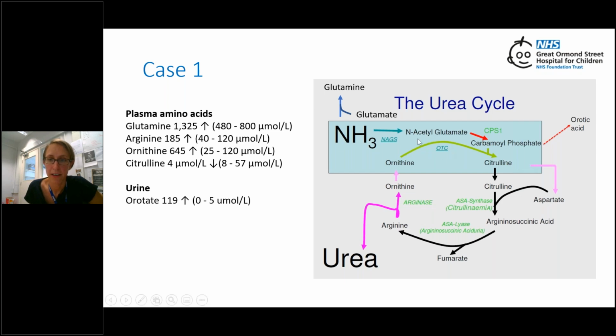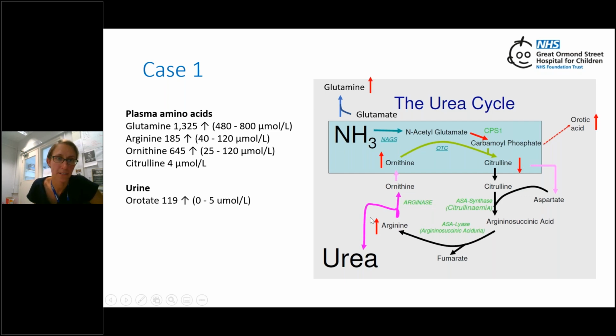And to do that, we have an enzyme here that's called OTC, the ornithine transcarbamylase. And that's further metabolized in the cytosol, in the urea cycle, to urea, which is obviously non-toxic and can then be excreted in the urine.